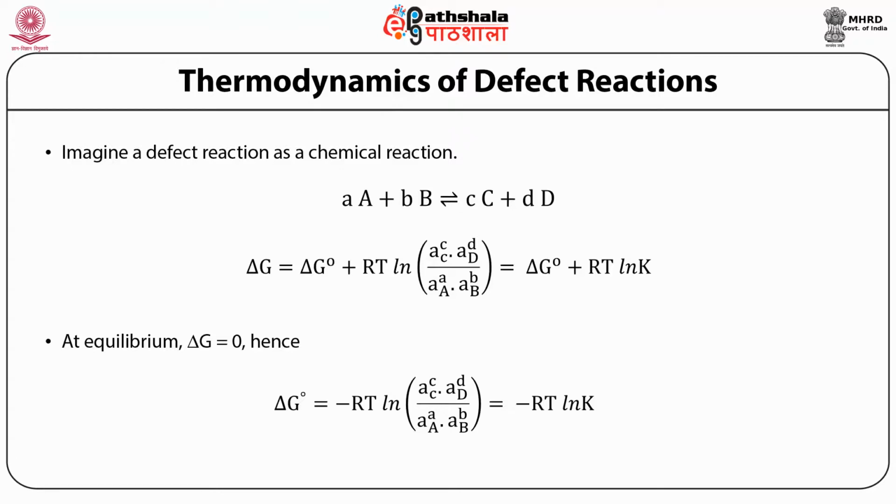So here capital K is K naught exponential minus delta H naught by R, and K naught is delta S naught by R, which leads to the equation which is given in the next slide.